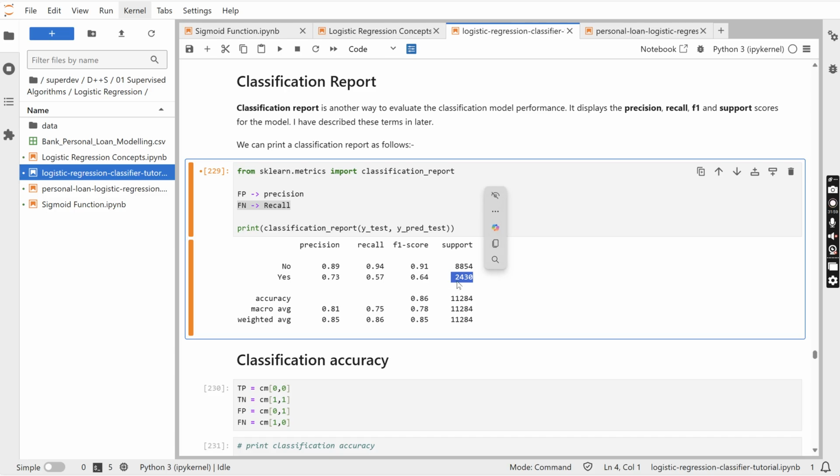So you should increase the number of yes cases and then do the modeling, or you should decrease the number of no cases. Either way you have to modify your data again and redo the process.